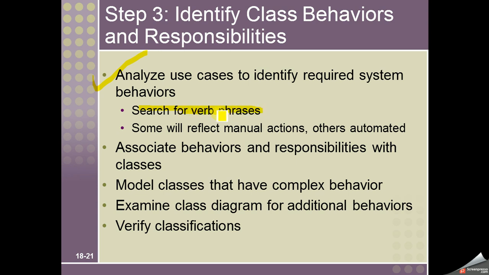So the responsibilities can be identified by looking for the verbs in the use case. Some will reflect manual actions, others automated. Some verbs are related to the manual actions, like scrolling through a list, clicking a button, clicking an icon, and so on and so forth. These are manual actions.